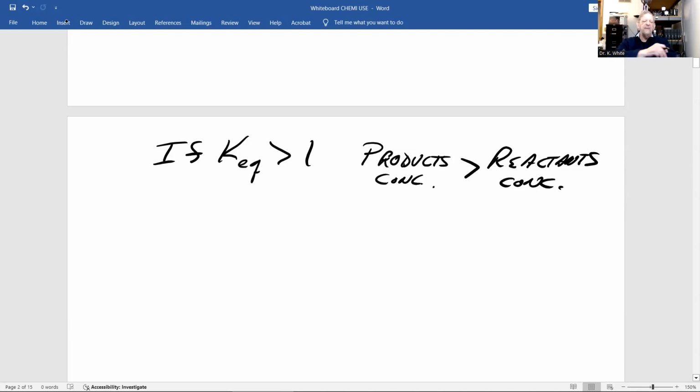So if the equilibrium constant K EQ is much larger than 1, the product concentration is always going to be greater than the reactants.